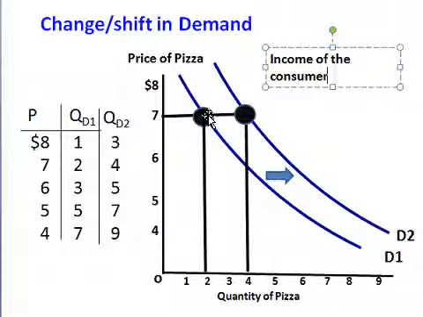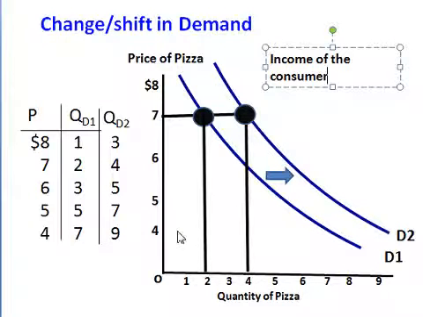Only then does the entire demand curve shift right. That means last time he bought 4 pizzas, now he can buy more because the price of pizza has not gone up, only the income has gone up. As a result, he can buy more pizza.